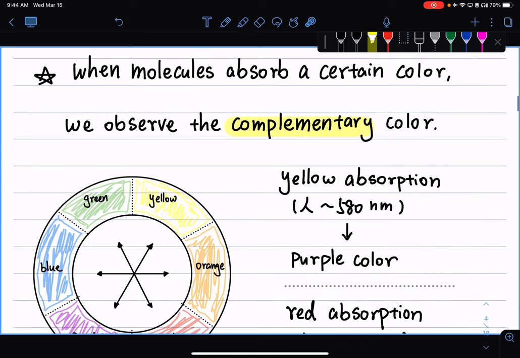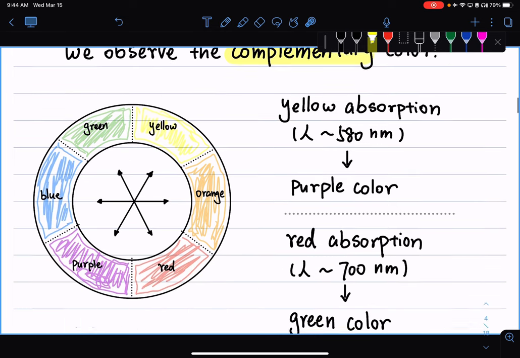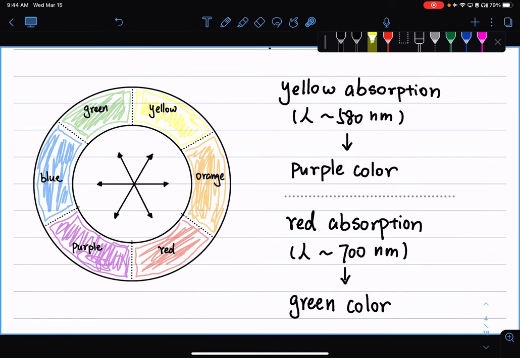In a solution, when molecules absorb a certain color, what we see is the complementary color. This is more or less a review. If a molecule absorbs yellow, what we see is its complementary color, which is purple. We did that with our chromium complex.